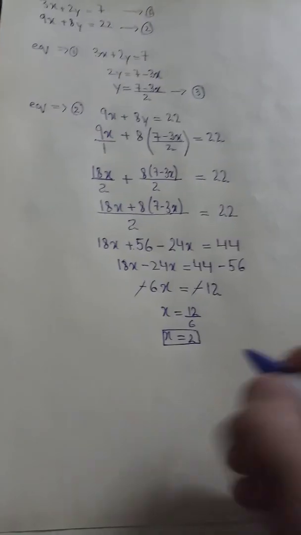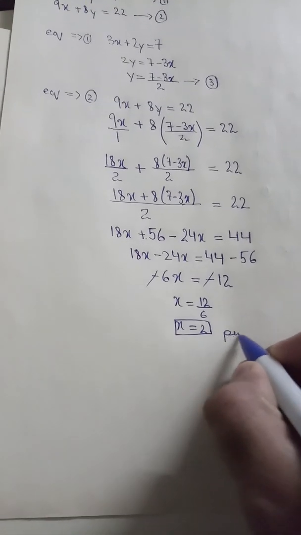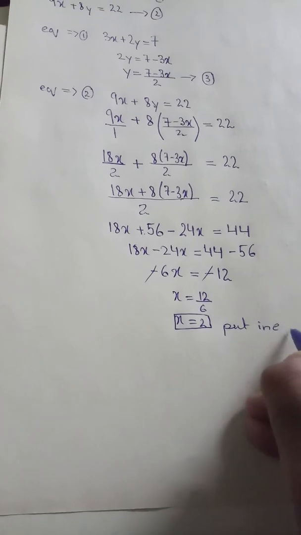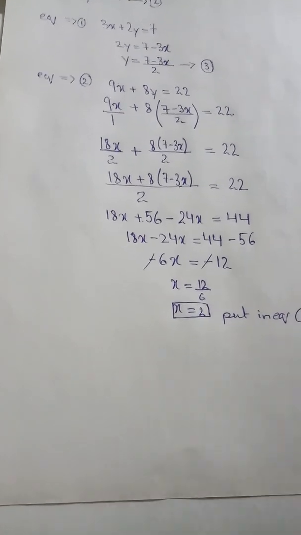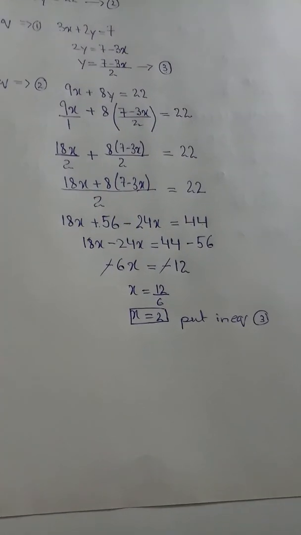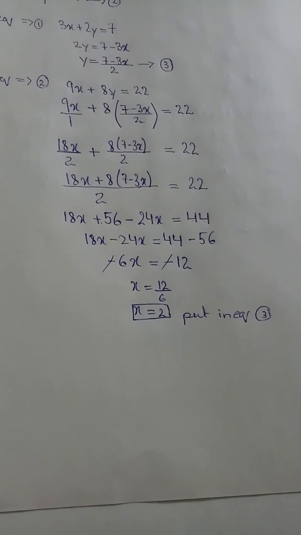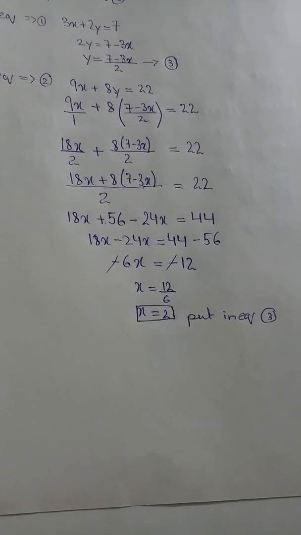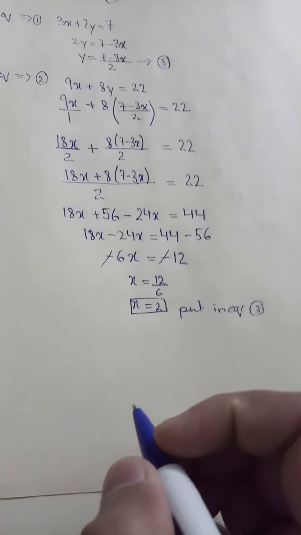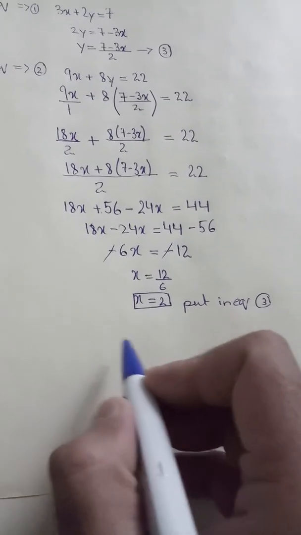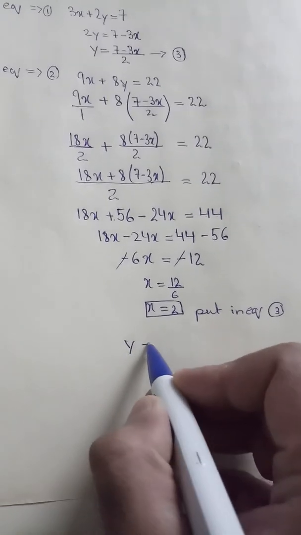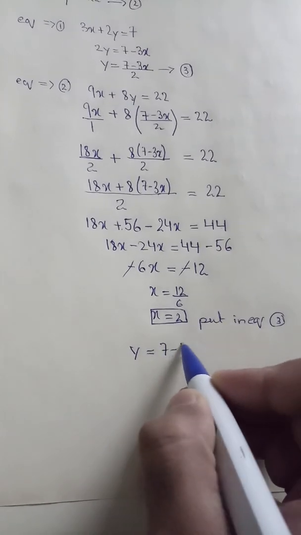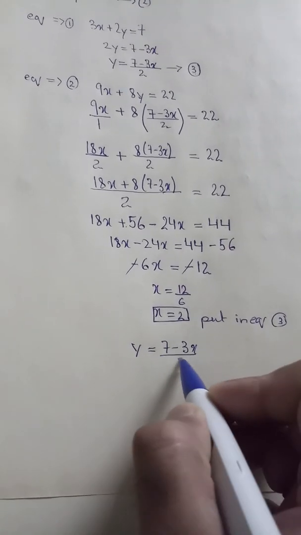So I will put this value of x in equation number 3, as I told you, because this equation number 3 is very important, as it is the simplest equation among the three. I will write my equation number 3, that is y equals 7 minus 3x upon 2.